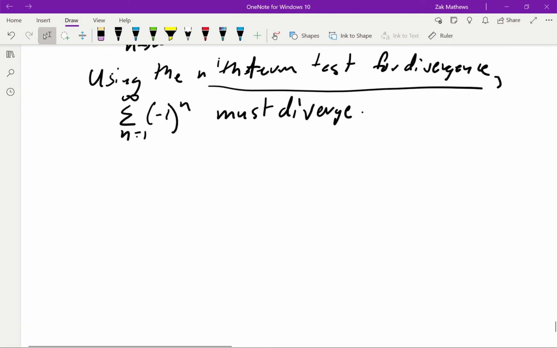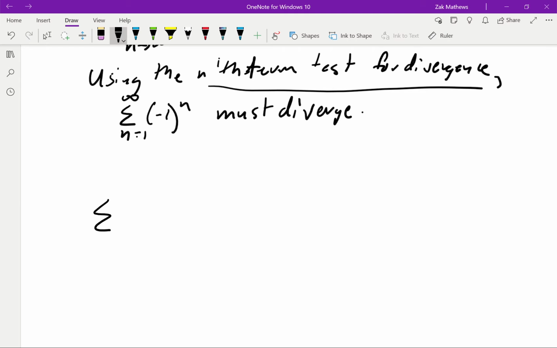As we go into additional tests, we're going to see that certain conditions have to be met in order to use a test. We did this when testing the convergence or divergence of integrals, where we used the limit comparison test and the direct comparison test, and we had to show the conditions were met first. So we'll see more of that in later videos.